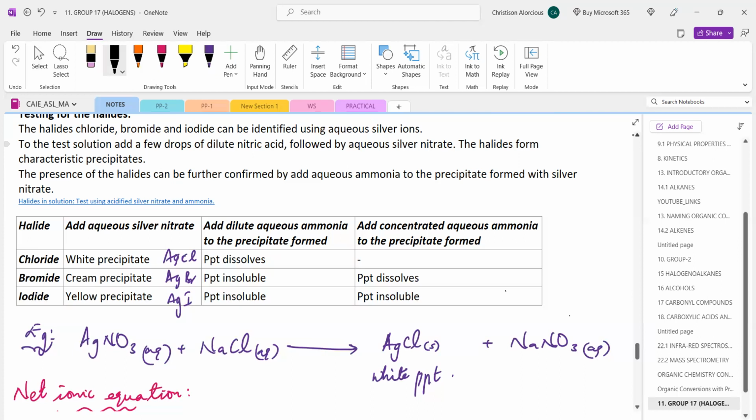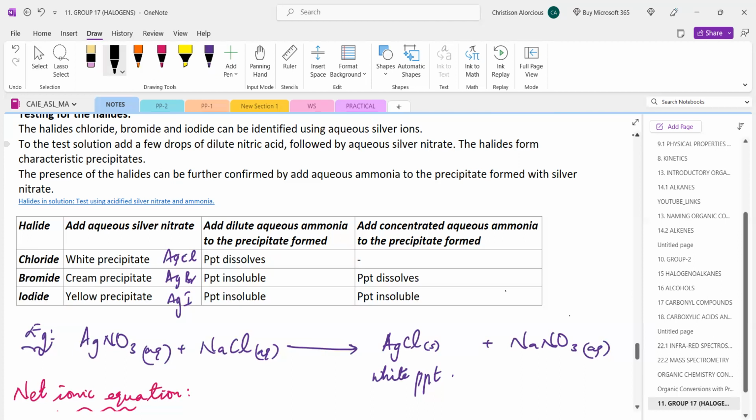Did the precipitate dissolve completely? Or did the precipitate dissolve a little and hence the level of the precipitate is decreased but not completely gone? And with iodide, you find that the precipitate level is pretty much the same as before. Now, why is there a difference between the theory and the practical work in this? Simple reason is we can't afford to prepare solutions of different concentrations of ammonia.